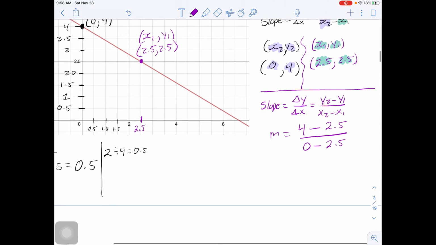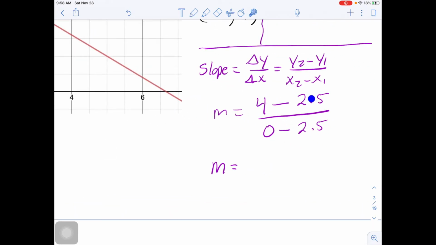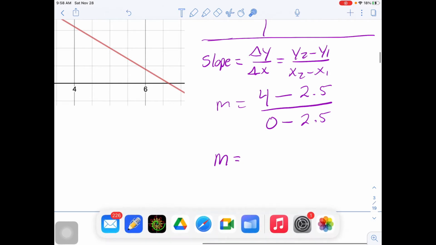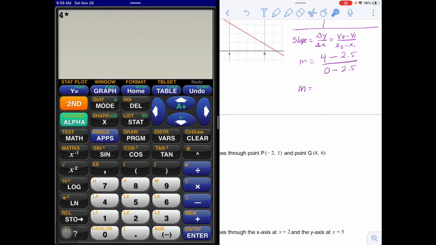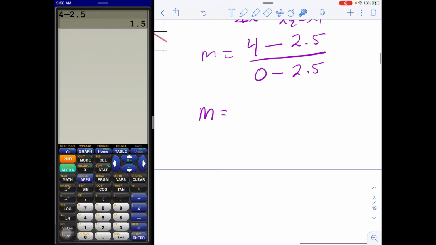And then from there, we can solve. So this will be 4 minus 2.5. So that will give us, I believe, 1.5, but it's always good to check. So that is indeed 1.5. So 1.5 on the top.